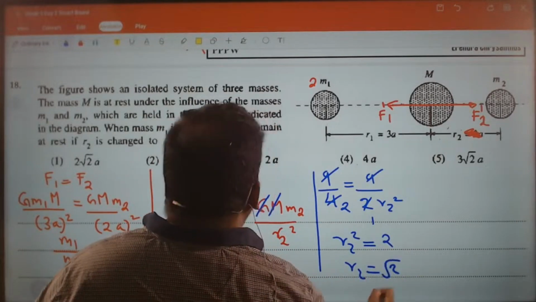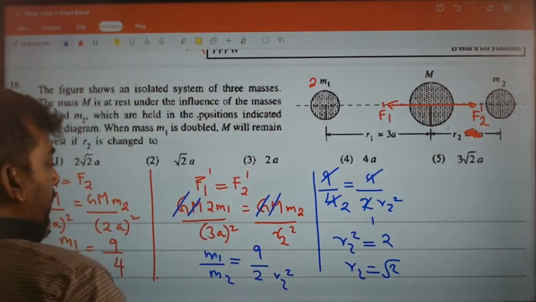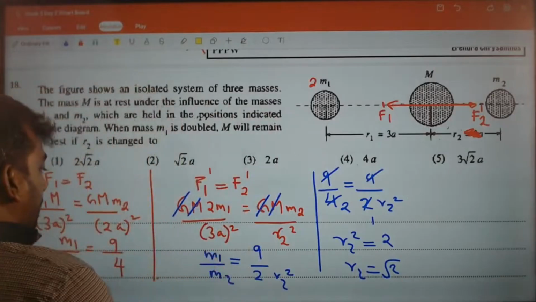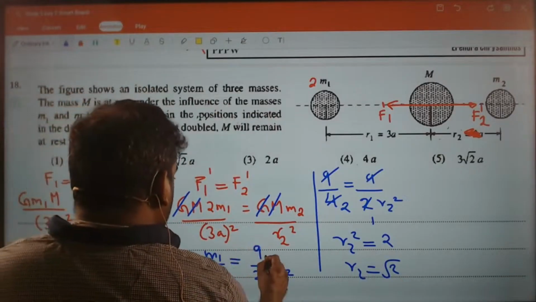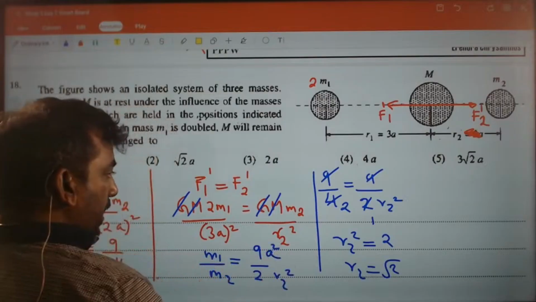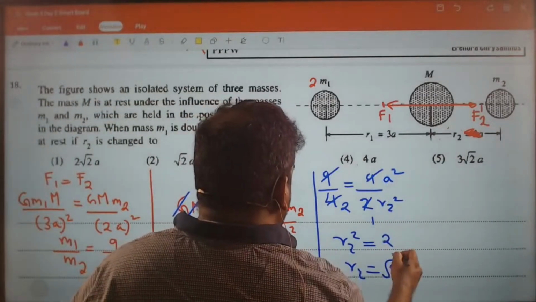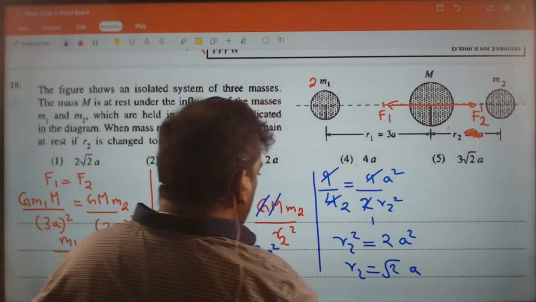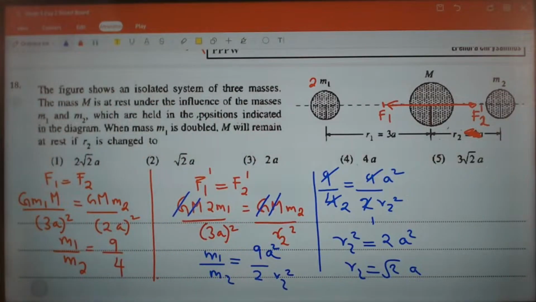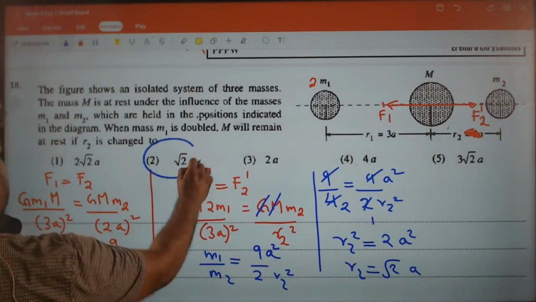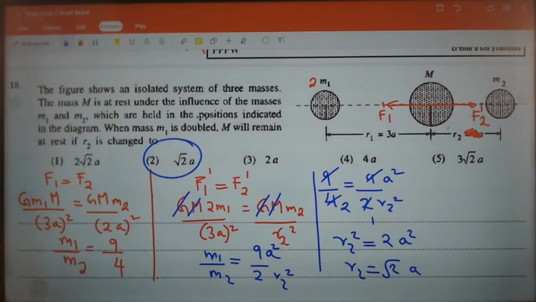R2 is equal to root 2 A. R2 equals root 2 A means the correct answer is answer number 2. Simple work.